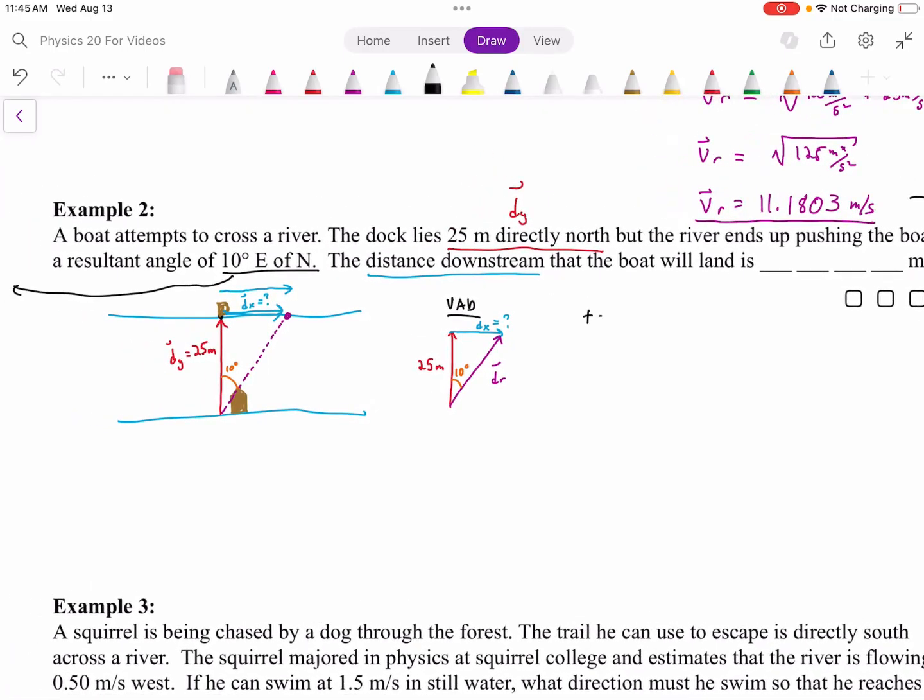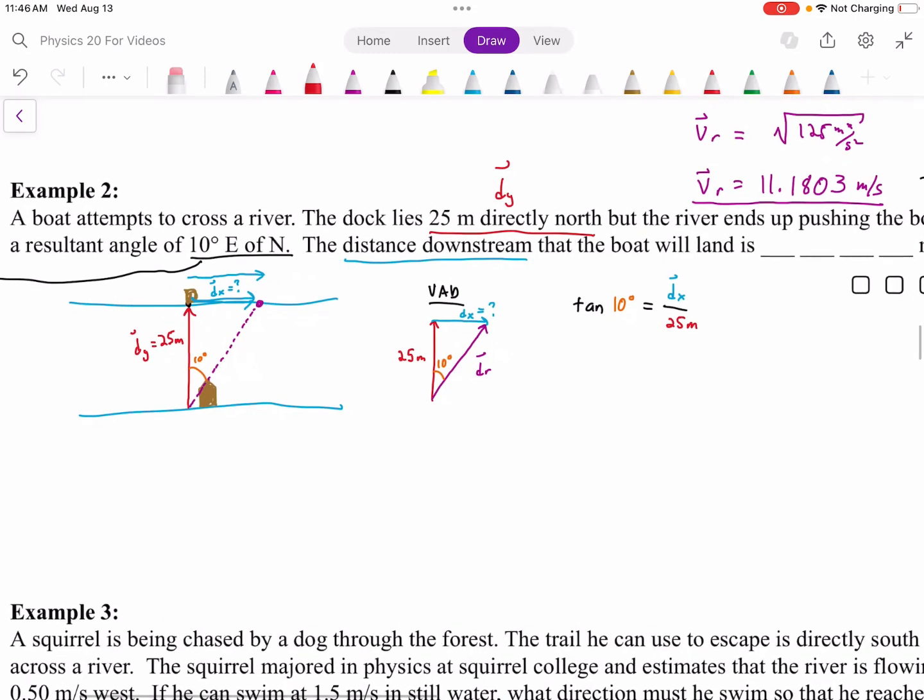The tan of 10 degrees is going to equal the opposite side, which is the side we want to find, divided by the adjacent side, which we already know is 25 meters. So look at this, we have everything in this equation except for one unknown. That means it's solvable. So to solve for dx, we need to isolate it. Right now, it's being divided by 25 meters.